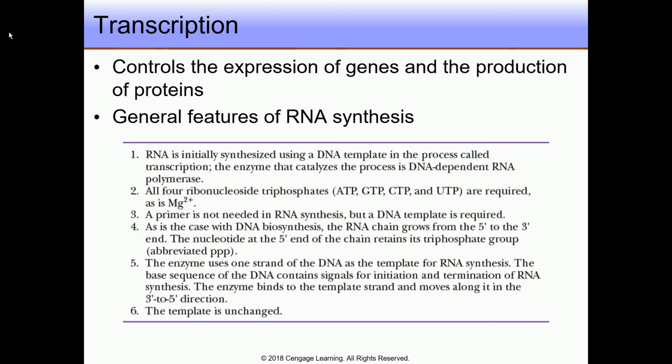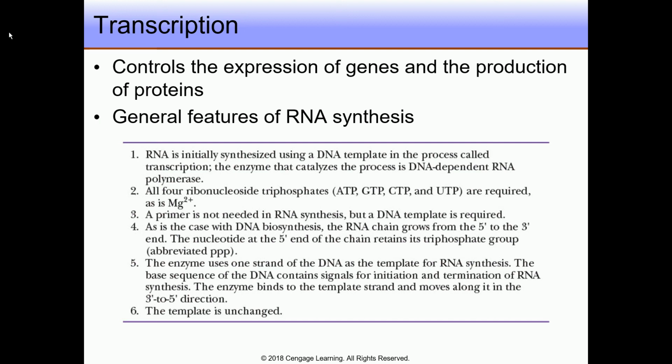So let me tell you a little bit about this process in general, and that's what is written on this slide. This is the process in which the information in the DNA is first converted into RNA, and this involves an important enzyme called RNA polymerase. An important thing to know about RNA polymerase is it also works in 5' to 3' direction. It does not require a primer like DNA polymerase.